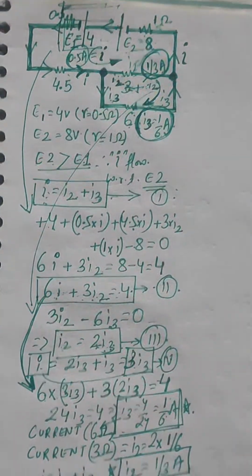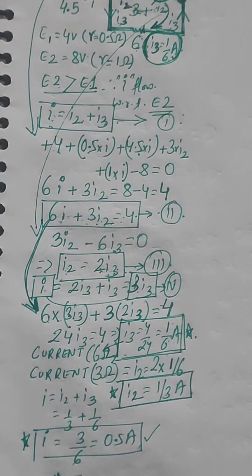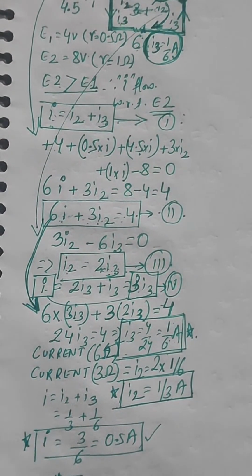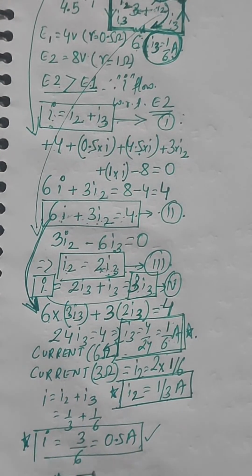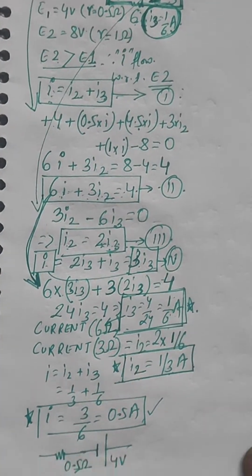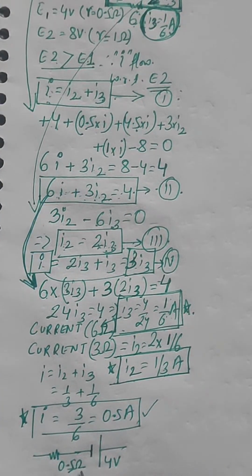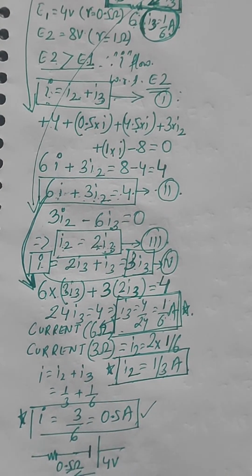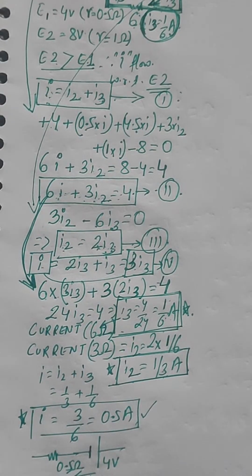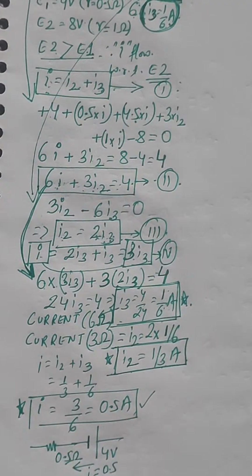That means the resistance of 0.5 ohm, that is the internal resistance of this 4 volt, is there, and then we can see the I is flowing from this direction to this direction, which value is calculated at 0.5 ampere, right?